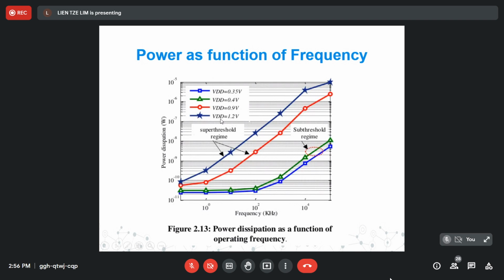When the highest supply voltage is used, you see the curve here, the power dissipation is higher than the one for the line with a 0.35 volt supply voltage. And all of them have increased power dissipation when the frequency is increased.